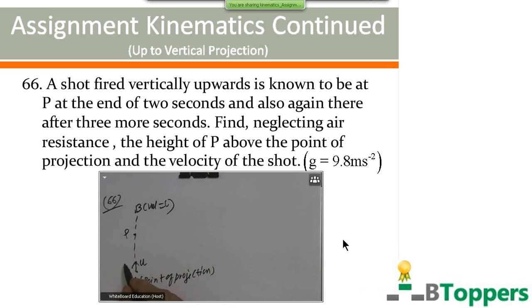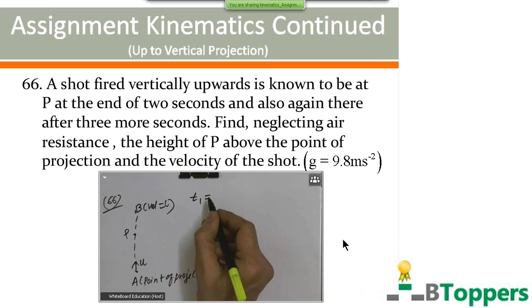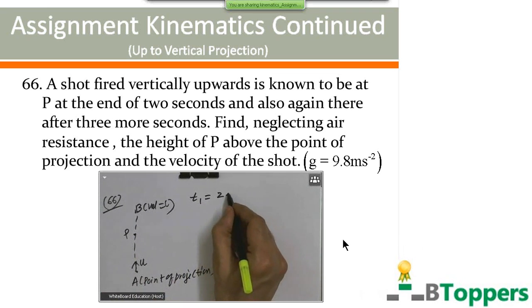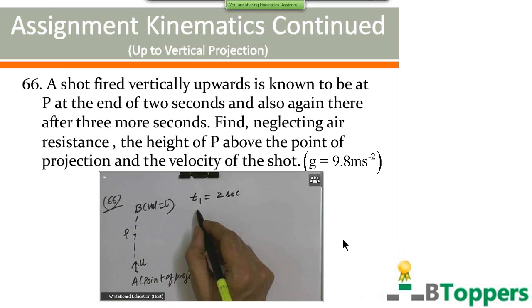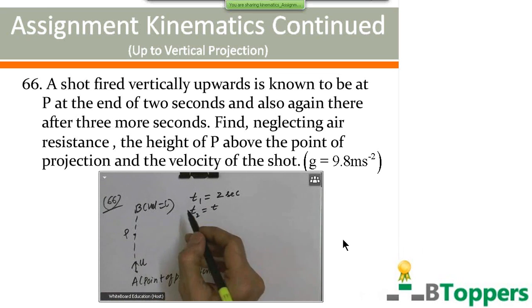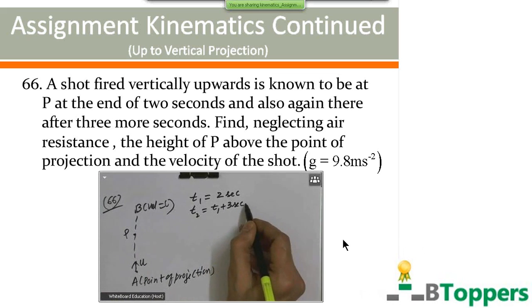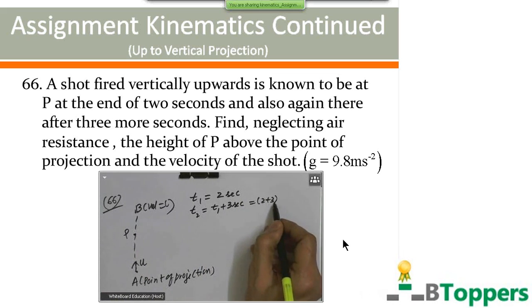The body is found at the point P 2 seconds after projection. That means the body is found the first time at the point P at T1 equal to 2 seconds after projection. The body is again found at P after 3 more seconds. That means T2 equals T1 plus 3 seconds, or 2 plus 3 seconds.